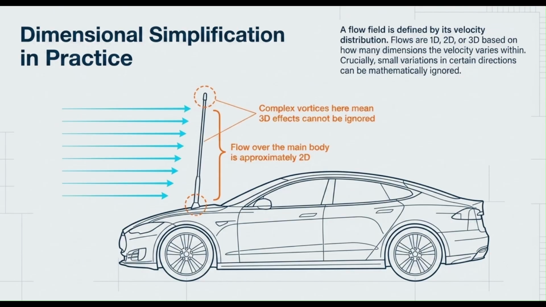For example, air flowing over most of the car body may be approximated as two-dimensional in some regions, but near the mirrors, wheels, sharp edges, and vortices, the flow becomes strongly three-dimensional. This is not about whether the object itself is three-dimensional, it is about how many directions are needed to describe the important changes in the flow field.